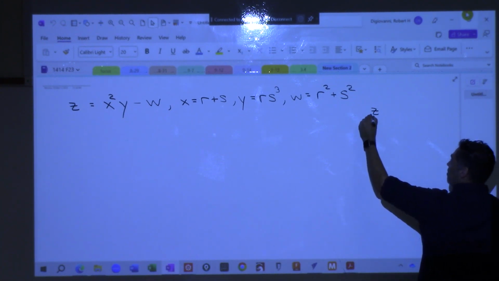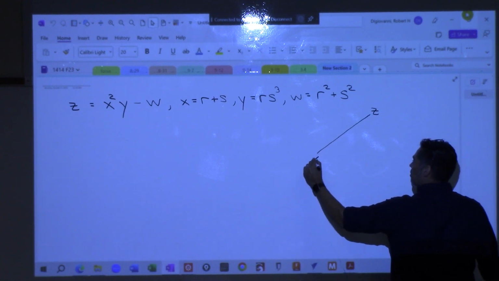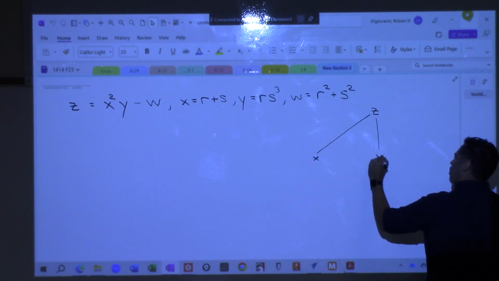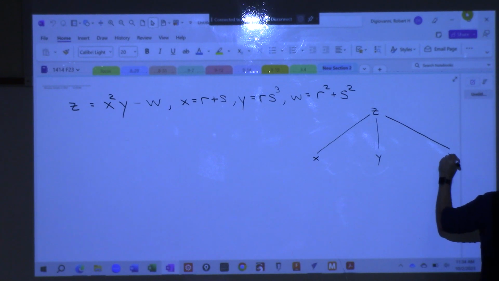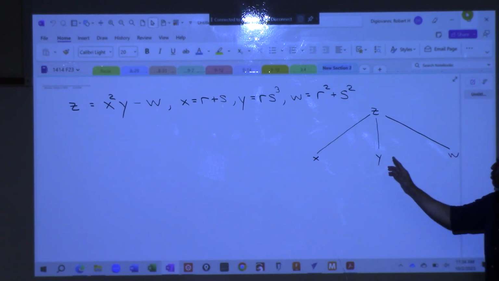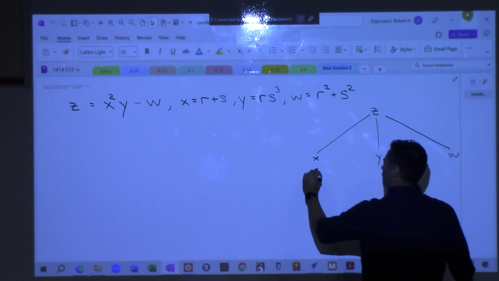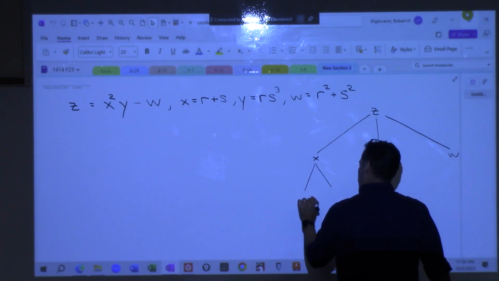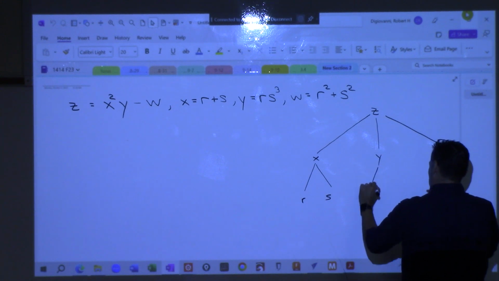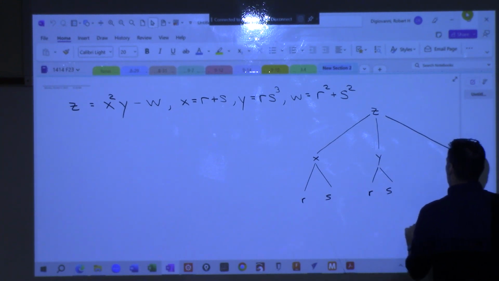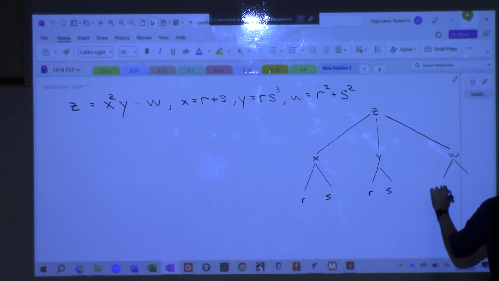All right, I'm going to give myself some space. That's X, right? That's Y. That's W. If I know X, Y, and W, I'll figure out what Z is. To know X, though, I need to know what? R and S. To know Y, I need to know R and S. To know W, I need to know R and S.